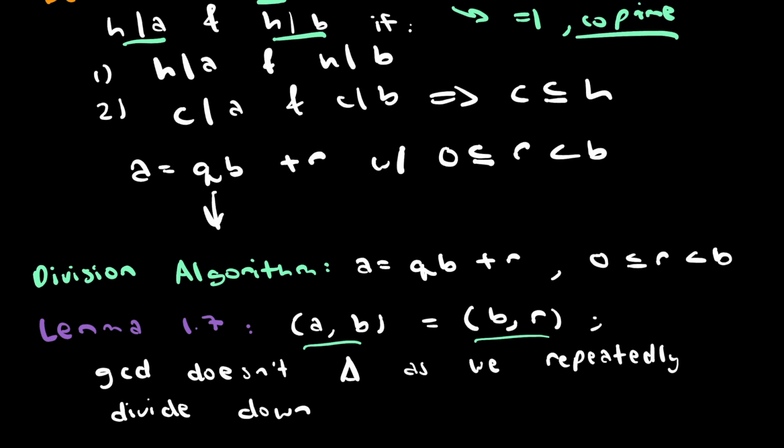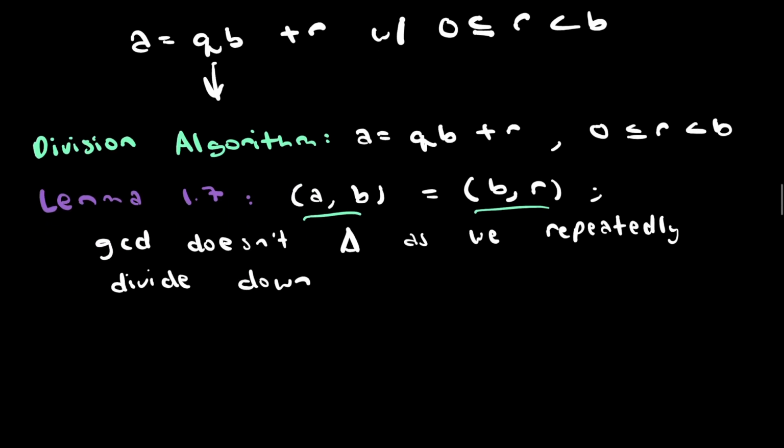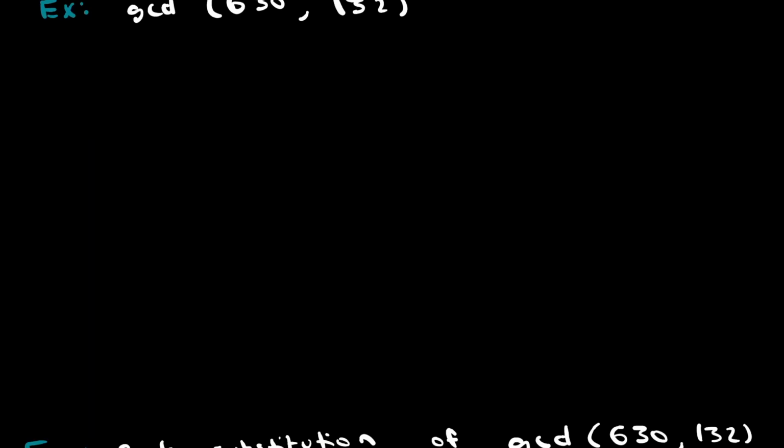So let's look at an example of computing the greatest common divisor of 630 and 132. We can start off with 630. The first thing that comes to mind is 1 times 132 plus 102.